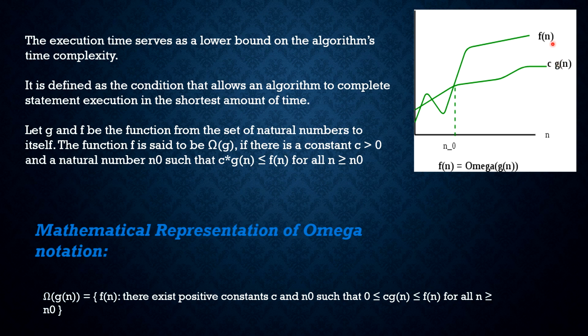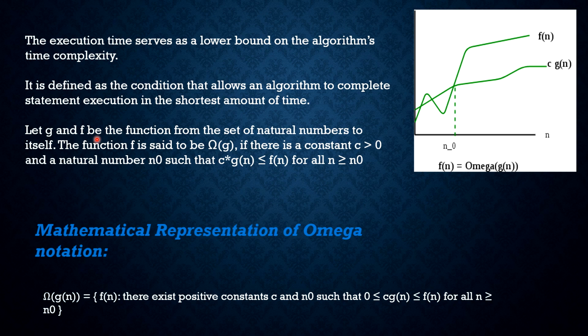Here we see that f of n is a function, g of n is a function, and c is a constant. The intersect point is n0. Let's see the mathematical representation of omega.